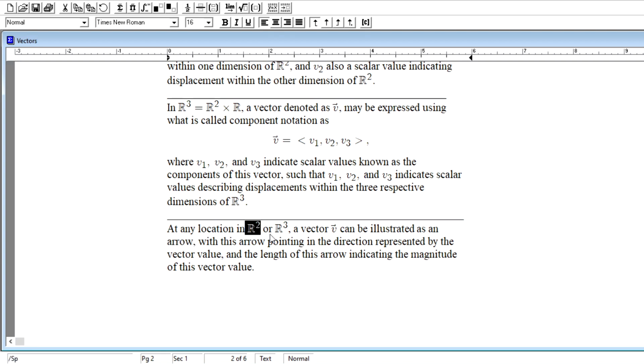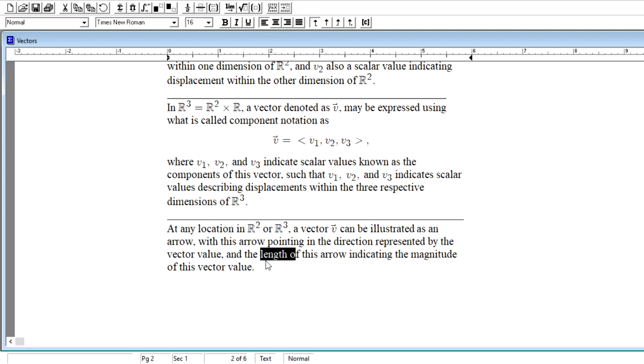In 2 and 3-dimensional space, vectors, or these vector valued functions, are what we might think of as being arrows within that space, or can be illustrated by an arrow in the space, where the arrow has a certain direction that it points in, and that is the direction represented by the vector valued function, and that arrow in that space has a certain length to it. The length from the tail, where it originates, to the point that it's pointing to in terms of its displacement, its summary of displacement, which is called the head of that arrow.